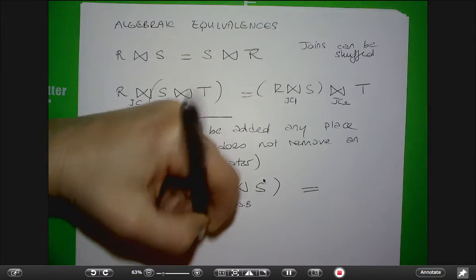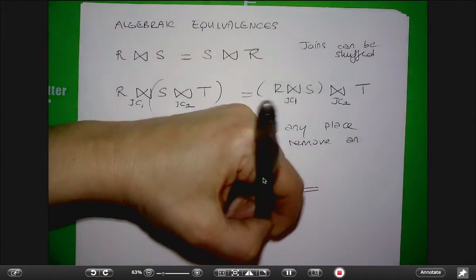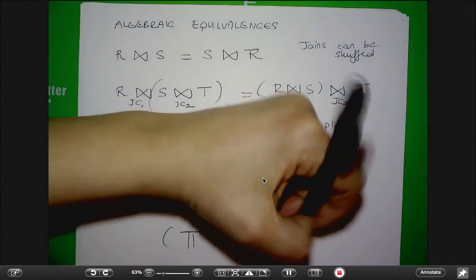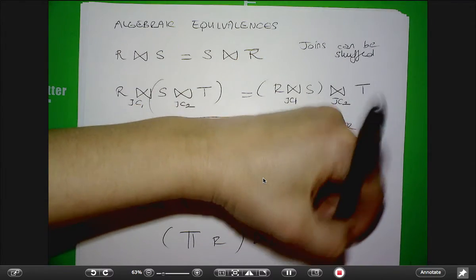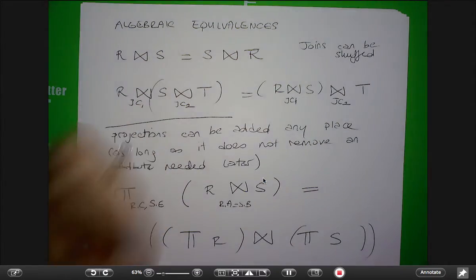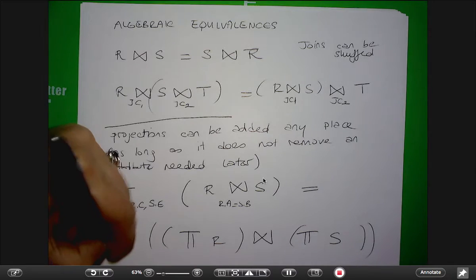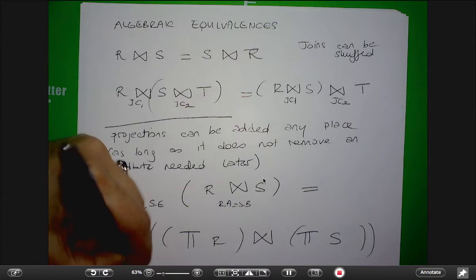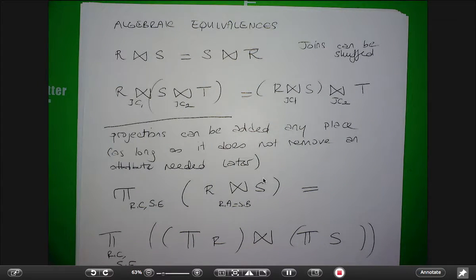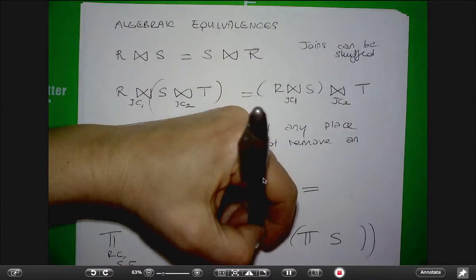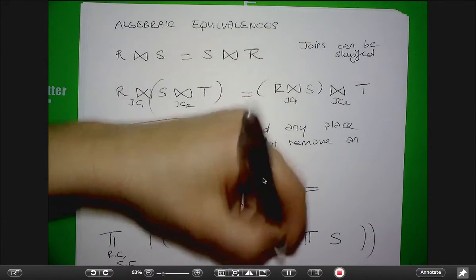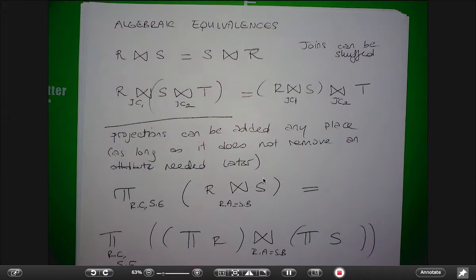So let's say I'm going to project some stuff from R, then I'm going to do a join, then I'm going to project some stuff from S, then after the join, I'm going to add these two. So that means as you read tuples in R, remove all the attributes except for attributes you will need.